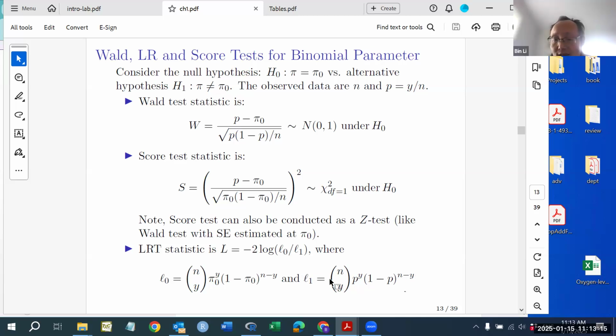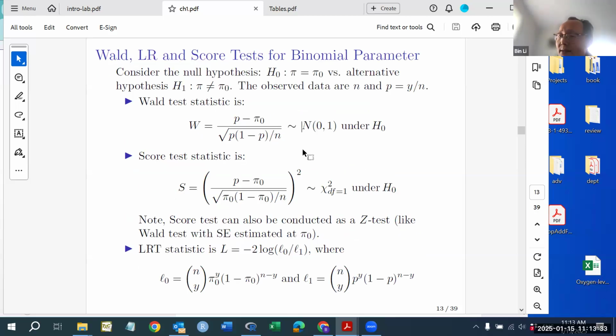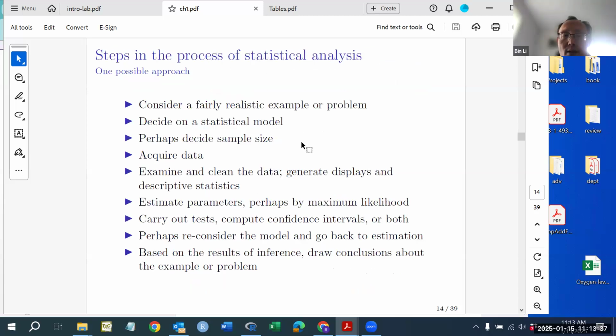Okay, so that's the L1. And then we take the ratio, take the log, multiplied by -2. That will be the likelihood ratio test. That also follows chi-square with 1 degree of freedom. Okay, so those are the 3 tests for the binomial parameter.